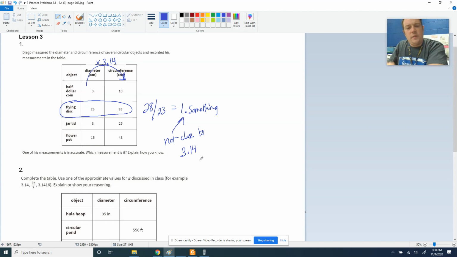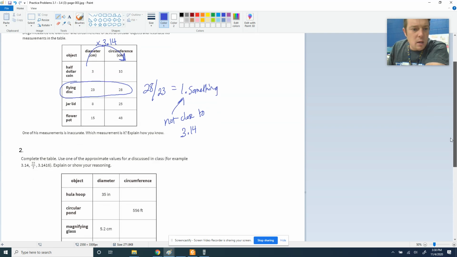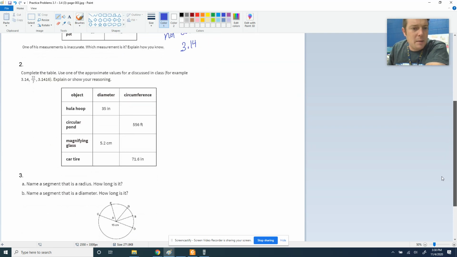Although the others are fairly close to it, so we can assume that he did a decent job of measuring on the others, but definitely messed up on measuring that flying disc. All circles should have a roughly 3.14 relationship between circumference and diameter.